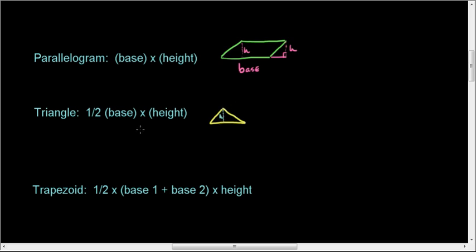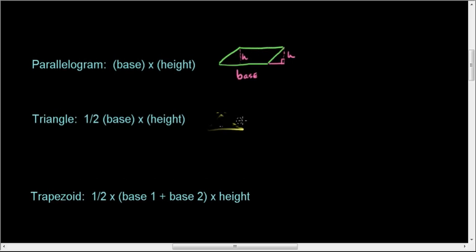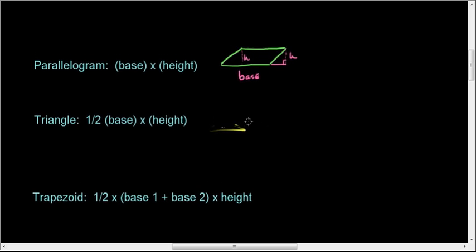Let me grab a bigger triangle here. And so the height is going to be perpendicular to the base, and its area is 1/2 the base times the height.